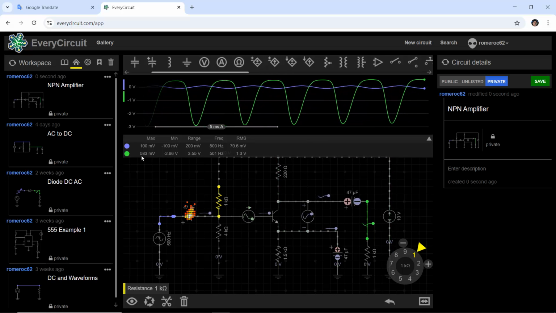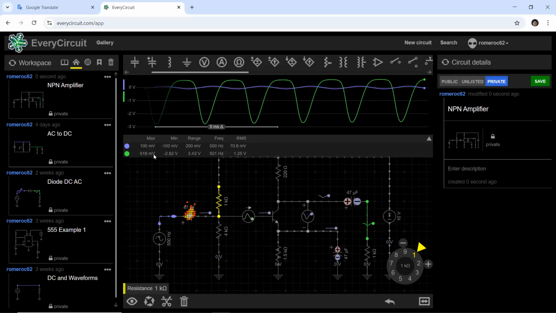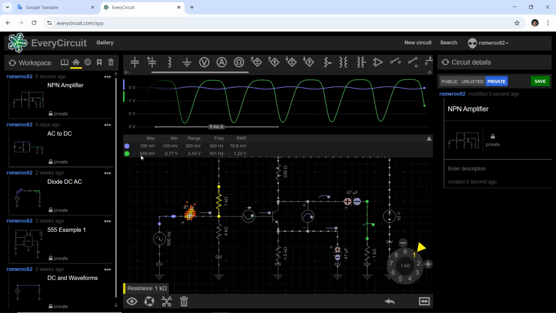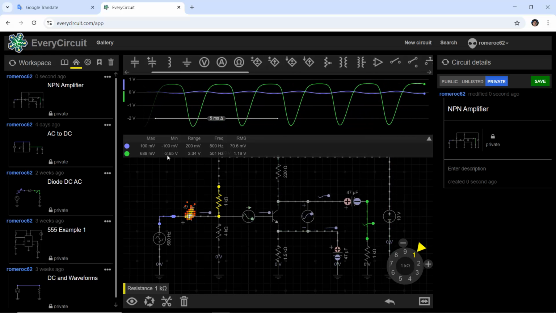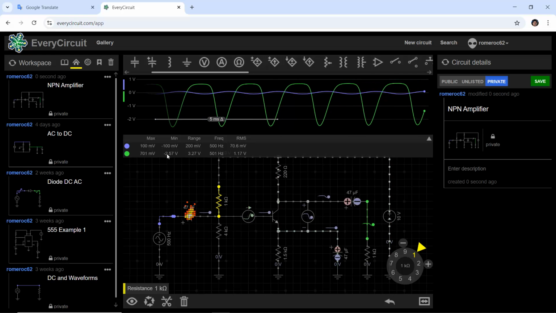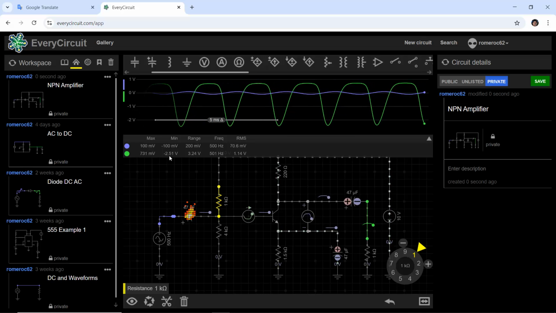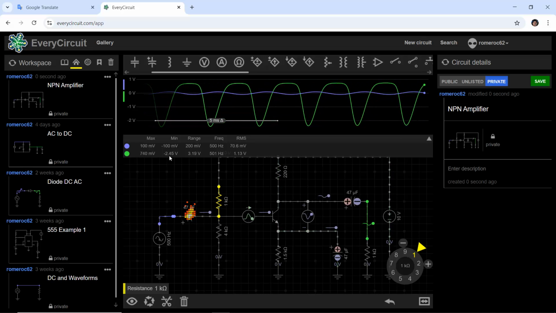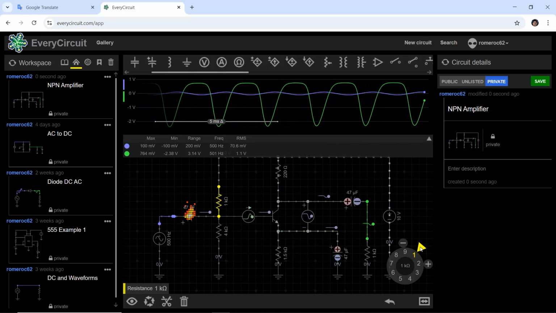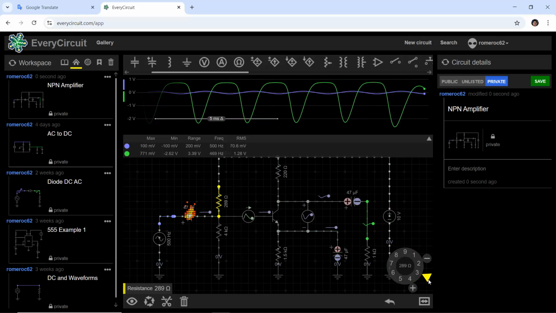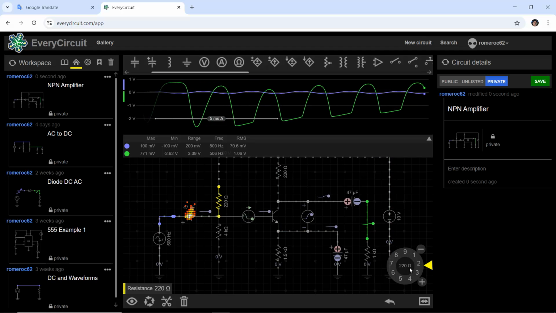The output maximum value is higher than the previous value, 649 millivolts, and the minimum value is about minus 2 volts. This is much better, but you can modify the resistor again, for example to 220 ohms, and wait a minute.